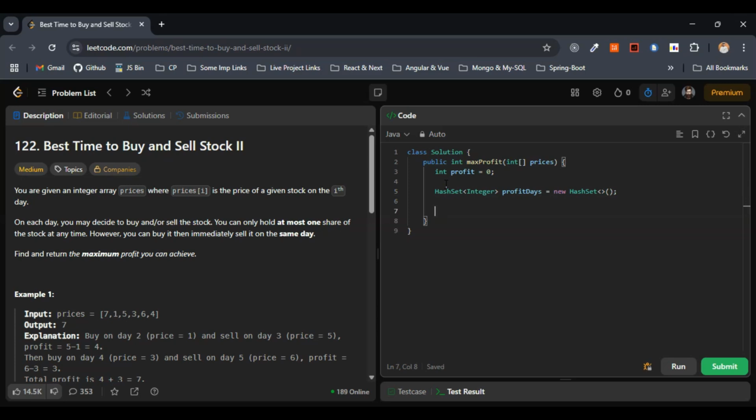After creating the hash set, let's make use of the for loop here. I'll just go with the for loop: for int i equals 0, i less than length of the prices, i plus plus. So this is fine.